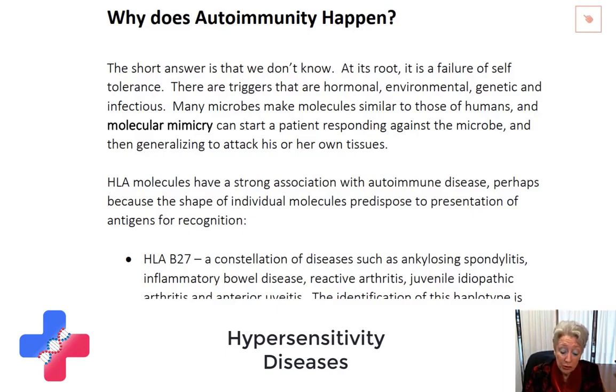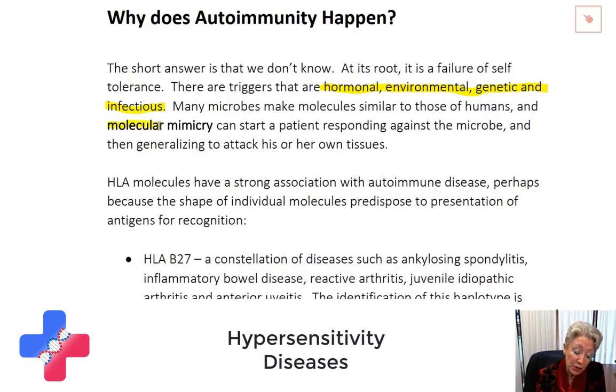So they tend to increase with age, and there are many triggers that we can't for sure outline, but hormonal, as you know, more common in females than males, environmental, genetic, infectious, molecular mimicry.